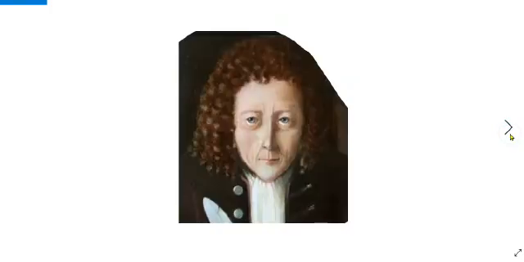Now see this picture. Who is he? He is Robert Hooke. Robert Hooke, an English scientist, developed a compound microscope with two lenses to observe different objects.